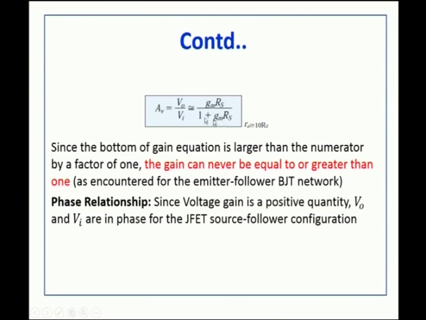Since the denominator will have 1 plus GM RS, the same part as in the numerator, the gain can never be equal to or greater than 1, because you have a 1 plus GM RS in the denominator, and the voltage gain is a positive quantity. VO and VI are in phase for the JFET source follower circuit.